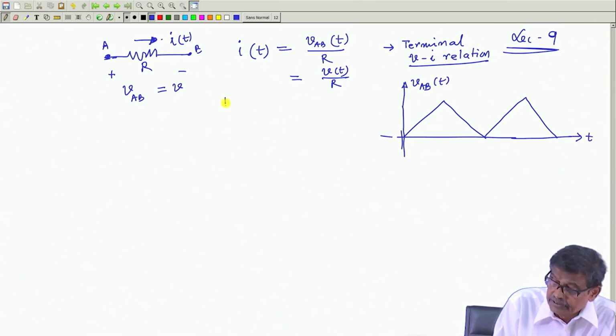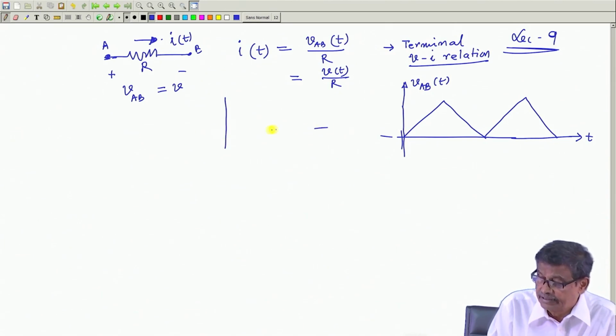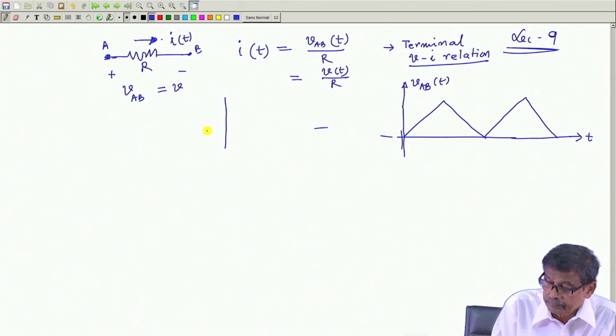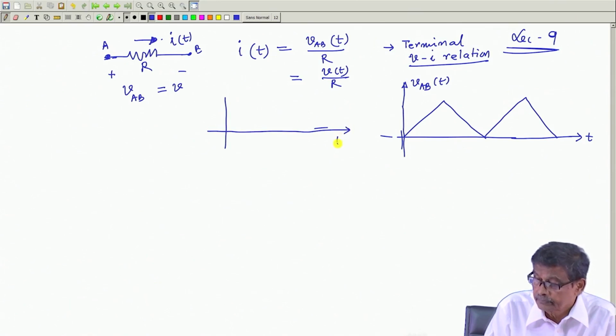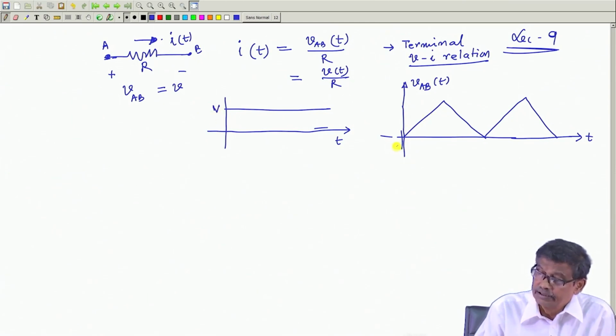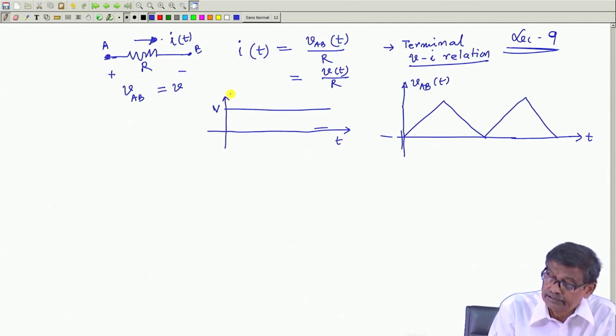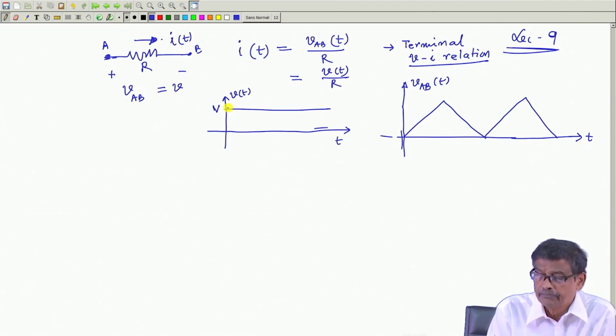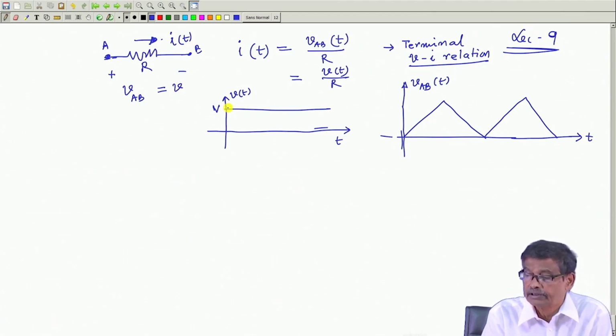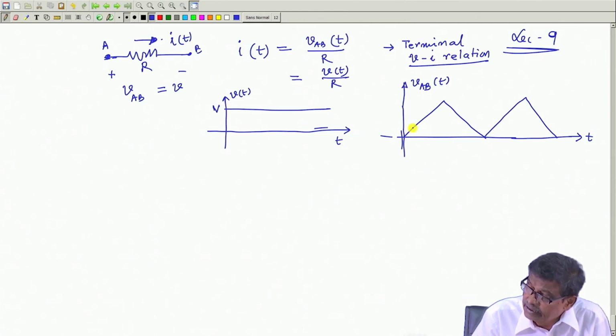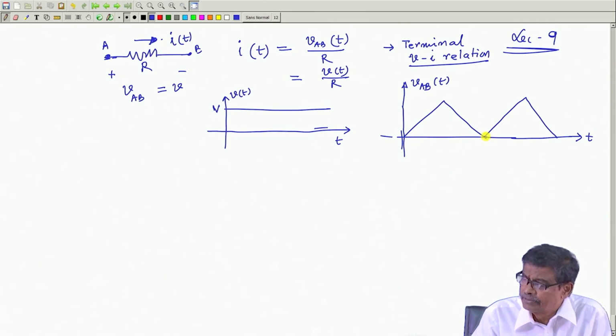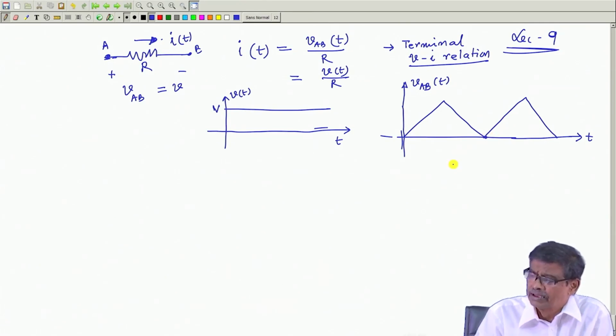So far, I have considered DC quantities, where voltage was constant, some V. But I am now saying this voltage could vary. This axis is voltage across time. Constant is a special case of time varying voltage, where it is constant at all times. But here you see, at this time voltage is this much and so on. It varies with time, sometimes it becomes 0, it may become negative also, it does not matter.